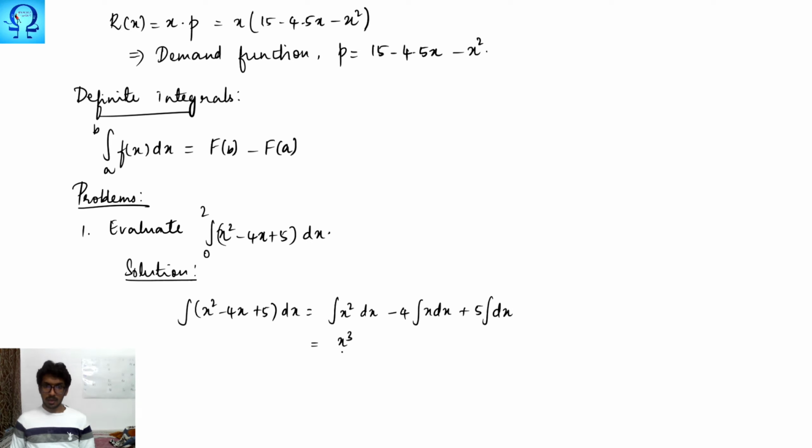and this is about to give you x cube upon 3 minus 4x squared upon 2 plus 5x, and along with this you are going to have your constant of integration c, but don't write it when you are dealing with definite integrals. Even if you write it, that is of no bother.